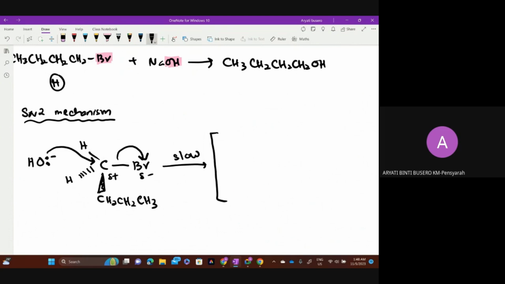So at one time, the covalent bond between OH and carbon is partially formed. The covalent bond between carbon and bromine partially break. Di sini ada H. Ada satu H yang at the back of the plane. So yang ni adalah CH2, CH2, CH3.